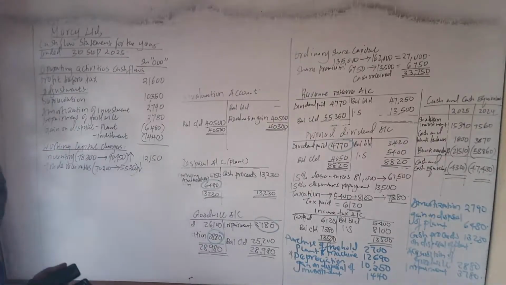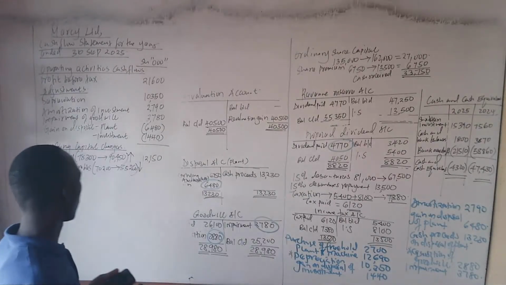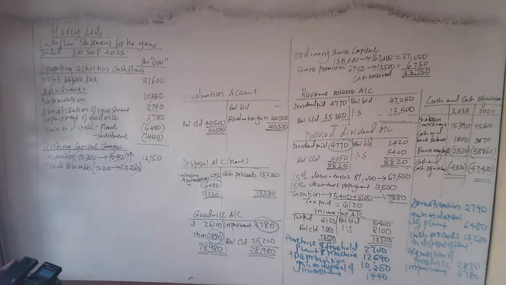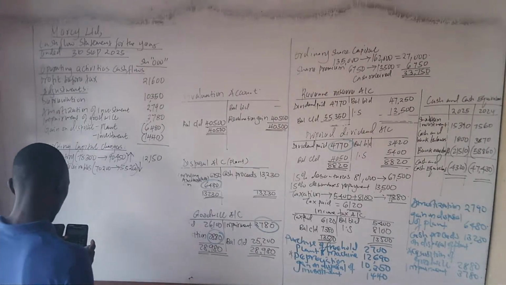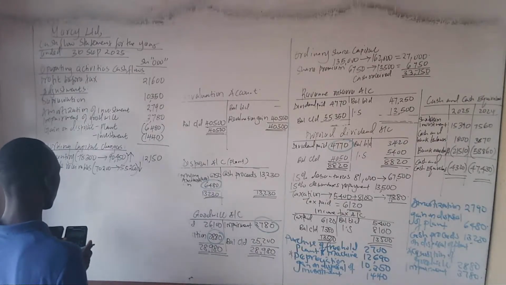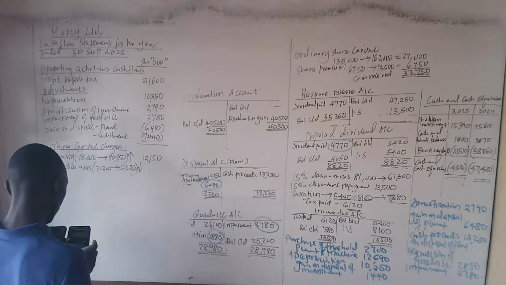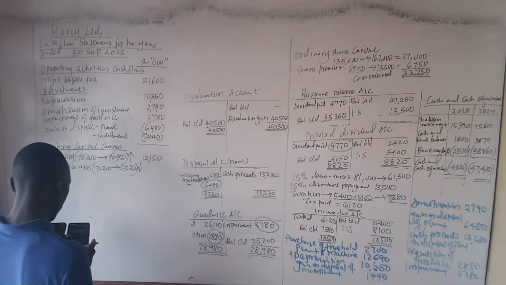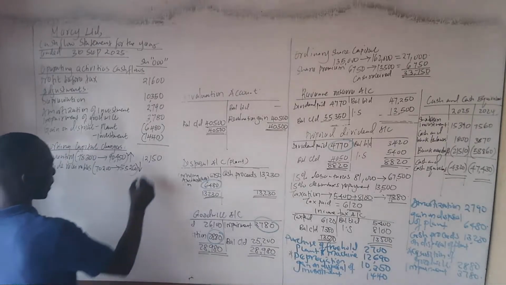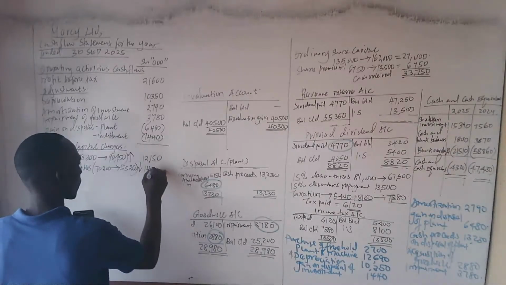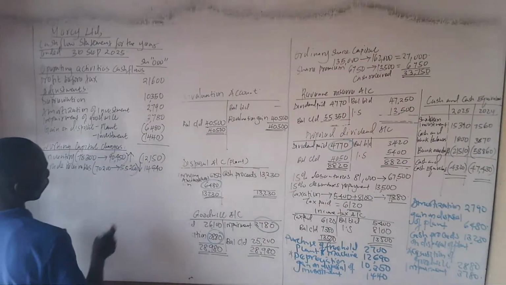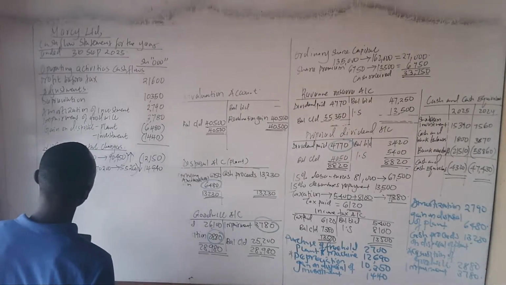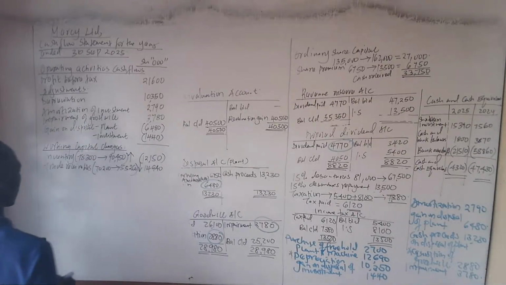The reason receivables decrease is because those who purchased on credit are now paying us their debt. So 70,200 minus 55,260, we have an inflow of 14,940. For inventory we purchased more, so it's a cash outflow. Here the debtors are paying, so it's a cash inflow.